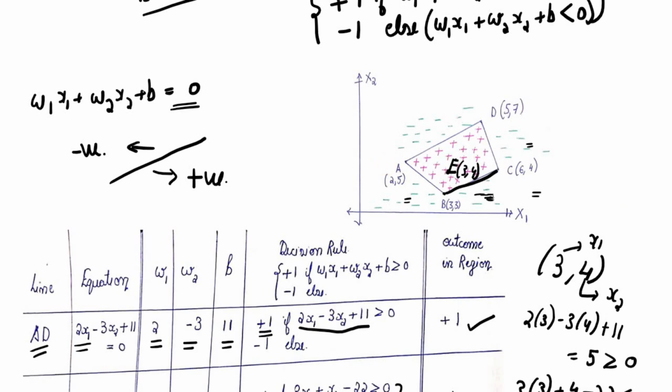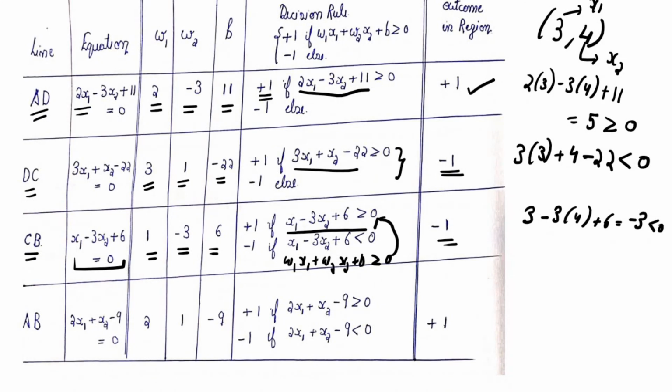So we proceed further for the last line we have, last equation of line we have, which is AB. Now the equation of line AB is given as this. Value of W1, W2 and B is attained. We establish the decision rule we set up, and intuitively it looks to be a positive value only. Now if I actually plug in the value 2 into 3 plus 4 minus 9, which is equal to 1, which is greater than 0, this will mean that the outcome in the decision boundary is positive, and this validates as well.